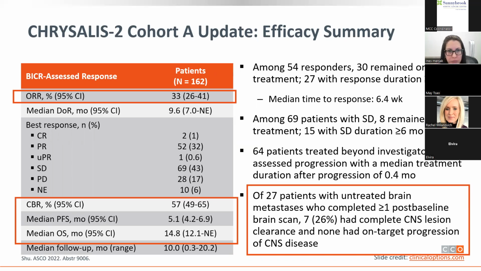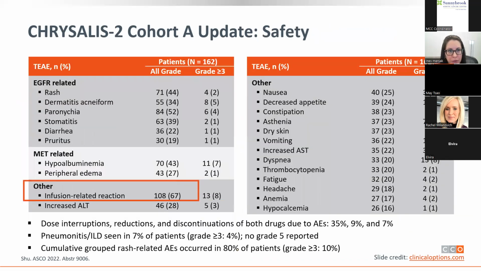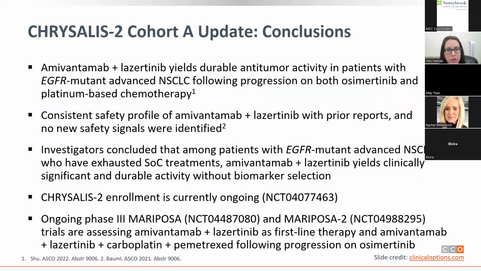So that's promising. The main toxicity with amivantamab seems to be infusion reactions, most of which are grade 1 or 2. Pneumonitis occurred in about 7% of patients. So promising, and certainly phase 3 studies are ongoing for this combination.